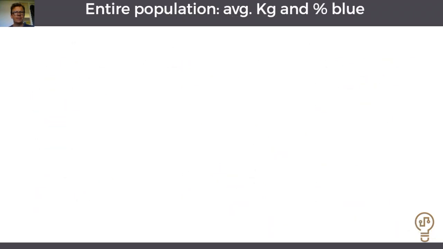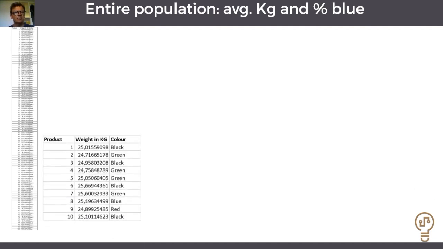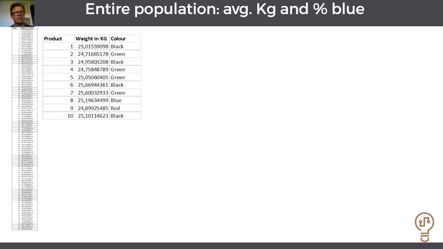An example. To the left, you can see the data set of the entire population, 100 products. And a close-up of the data set is shown to the right of that. And you can see of each product, the weight has been measured and the color has been assessed or labeled or categorized.